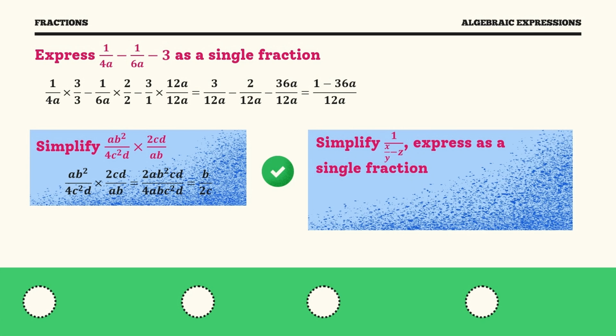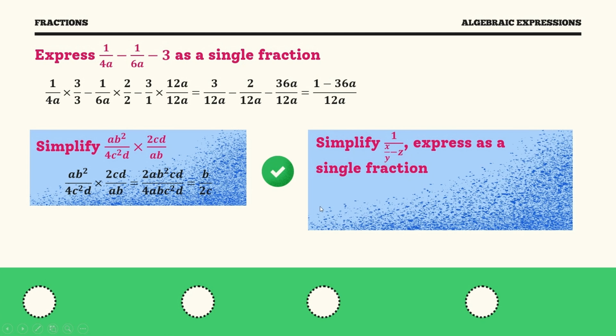Last question is to simplify 1 over x over y minus z as a single fraction. We have to notice that the first operation we need to solve here is the subtraction.